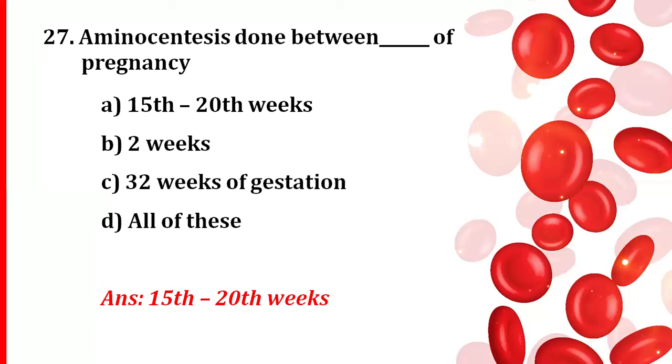It can be performed even earlier, before the 15th week, but there is a risk of complications. What are the complications? Cramping, bleeding, or leaking of amniotic fluid, or sometimes it leads to injury or infection.